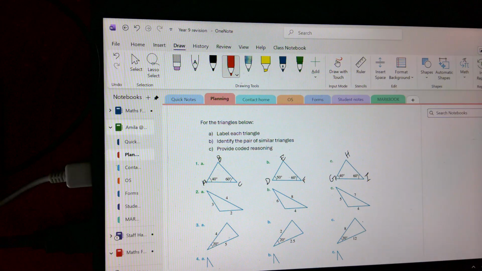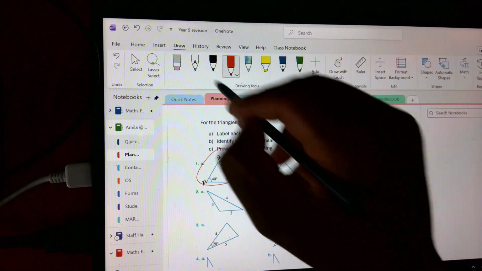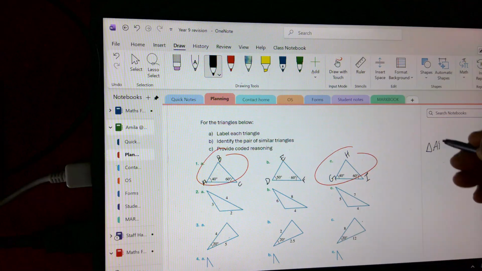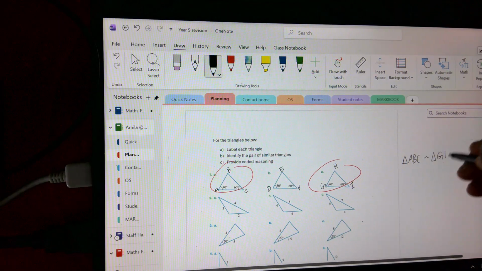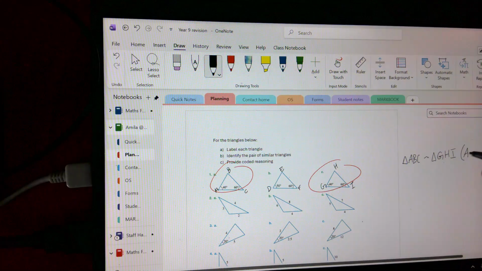We only need 2 angles in a triangle to determine similarity. So these two will be the similar triangles, and I will write that as triangle ABC is similar to triangle GHI, and my coded reasoning in brackets is going to be angle, angle, angle.